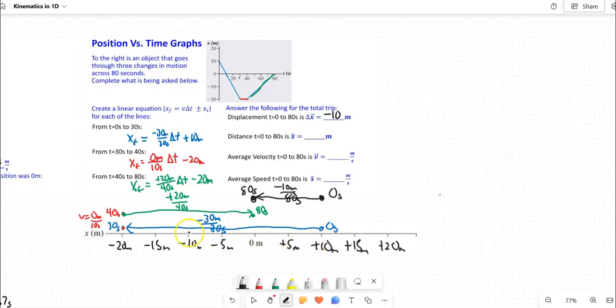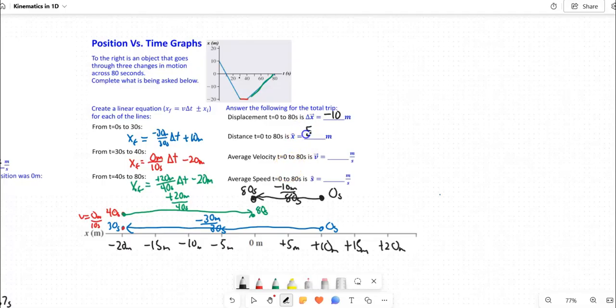5, 10, 15, 20, 25, 30, and then you waited for 10 seconds. 35, 40, 45, 50, 55, 60. So you traveled a total distance of 60 meters, right? Oh, did I miscount? Let's see. Okay, so 5, 10, 15, 20, 25, 30, 35, 40, 45, 50.